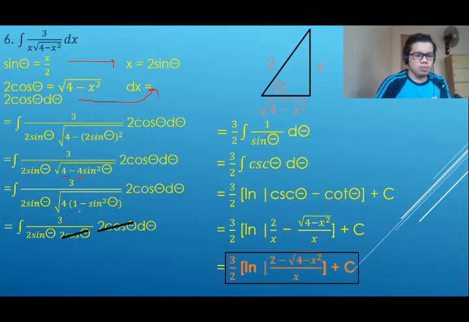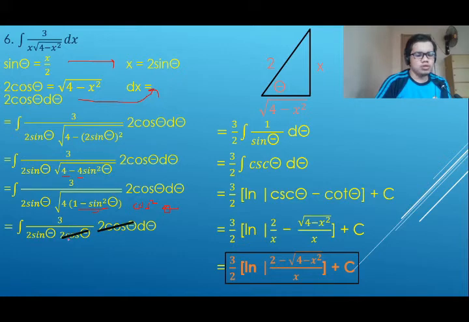As you can see, 1 minus sine squared theta is equal to cosine squared theta, according to the trigonometric identity cosine squared theta plus sine squared theta equals 1. Now this becomes the integral of 3 times 2 cosine theta d theta all over 2 sine theta times 2 cosine theta.